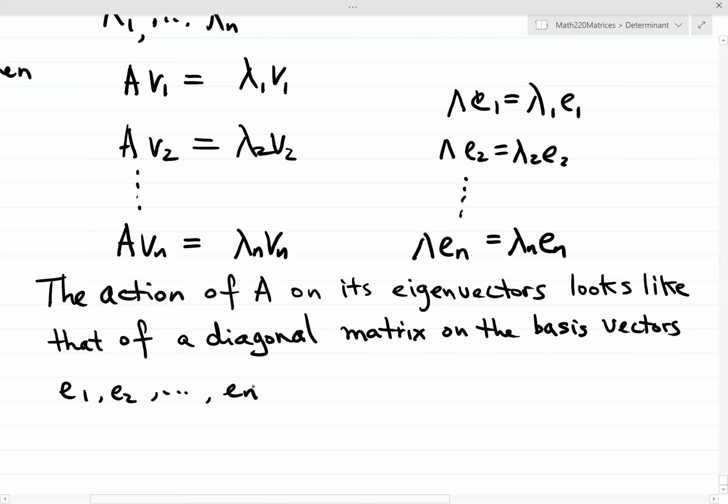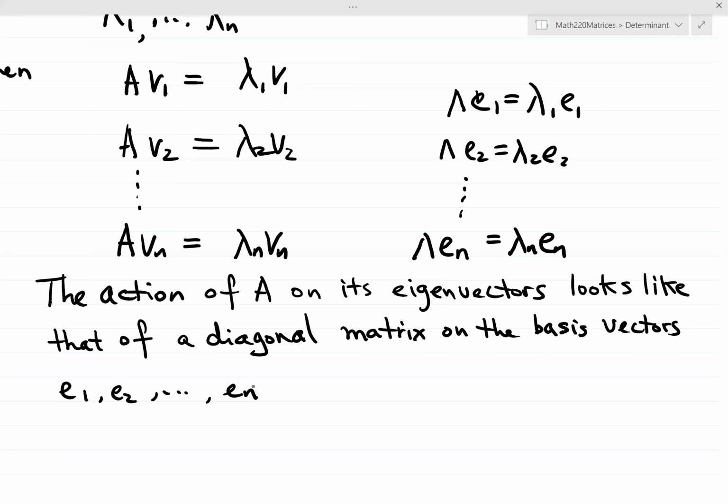Now we do a base change. We change E1 to V1, E2 to V2, so that this tells us exactly the relation, the similarity between these two things.